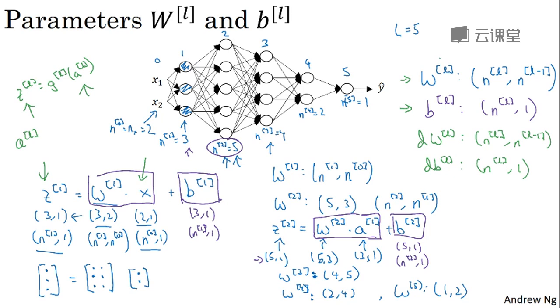Now, let's see what happens when you have a vectorized implementation that looks at multiple examples at a time. Even for a vectorized implementation, of course, the dimensions of W, b, dW, and db will stay the same, but the dimensions of z, a, as well as x will change a bit in your vectorized implementation.